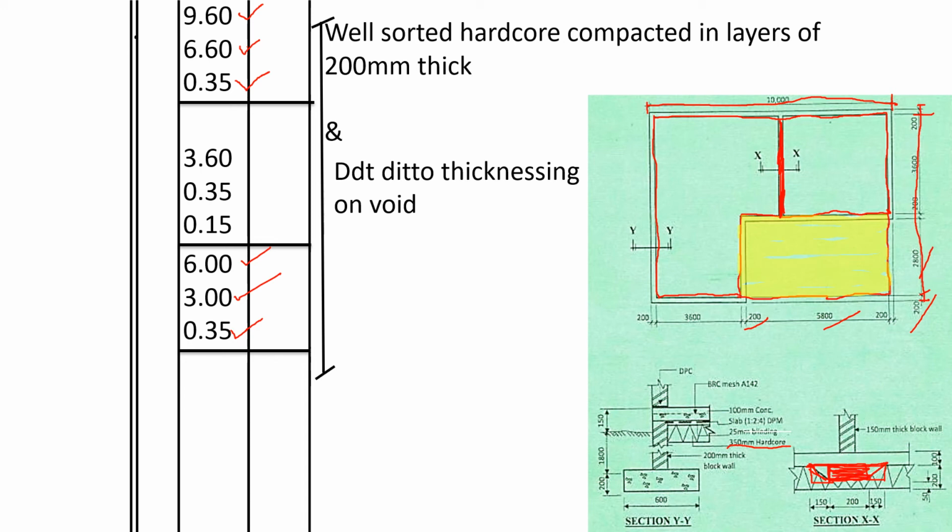If we combine the triangles, they will form a rectangle. Let me show you using the highlighter. This is the rectangle that will be formed. The yellow rectangle will be formed by two triangles.